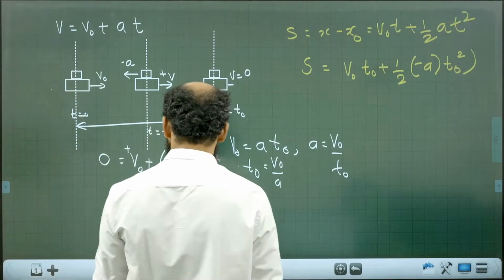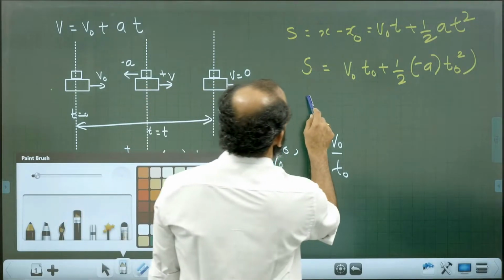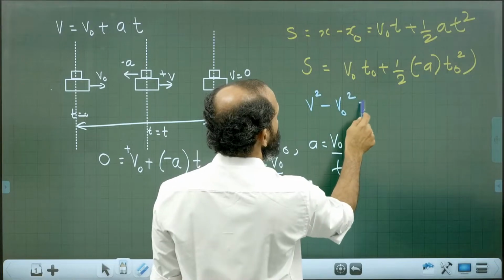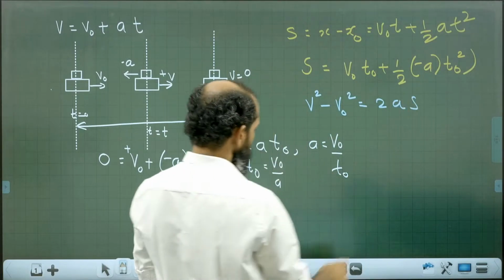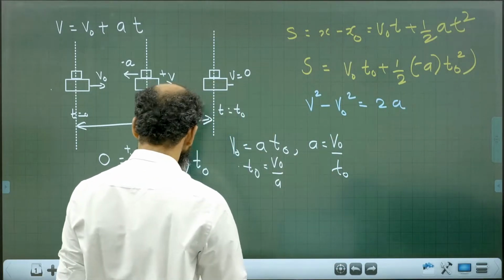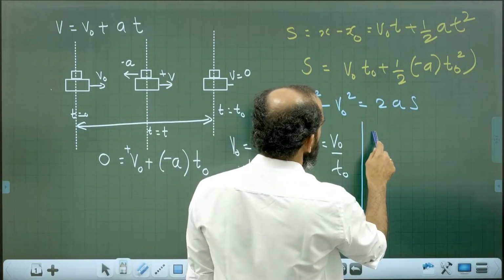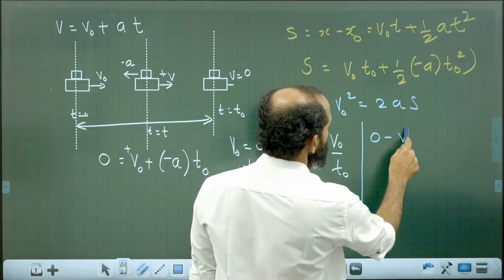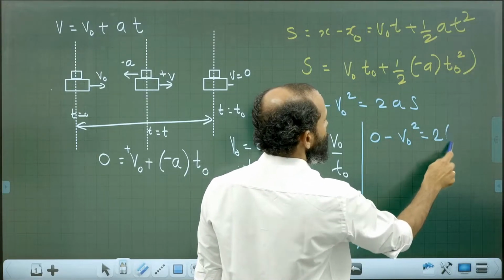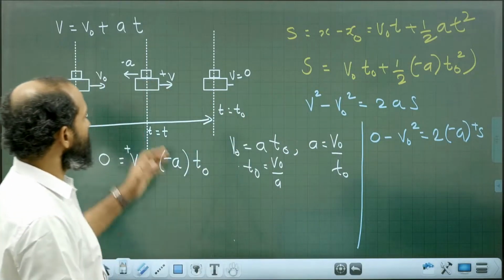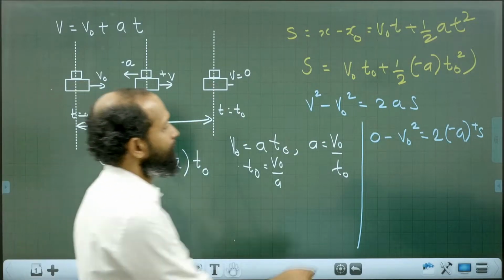One more kinematic equation is there: v square minus v0 square is equal to 2as, where s is x minus x0. If we use that equation, 0 minus v0 square is equal to 2 into minus a into plus s. S is positive because it is measured to the right.